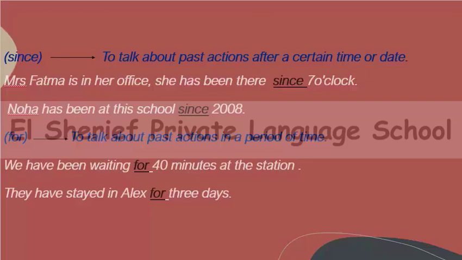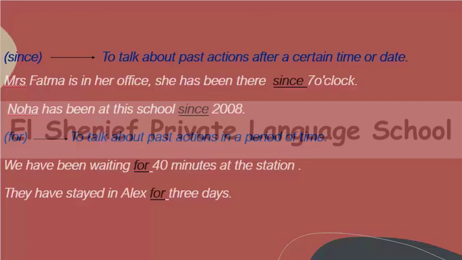So we spent 40 minutes waiting at the station, but we don't know when they started waiting. They have stayed in Alex for 3 days, so they spent 3 days in Alex. But when did they start? When did these days start? We don't know. Okay, this is the difference between since and for.